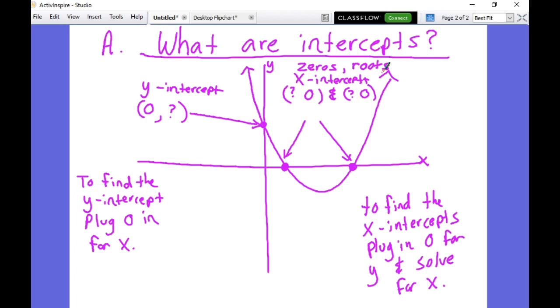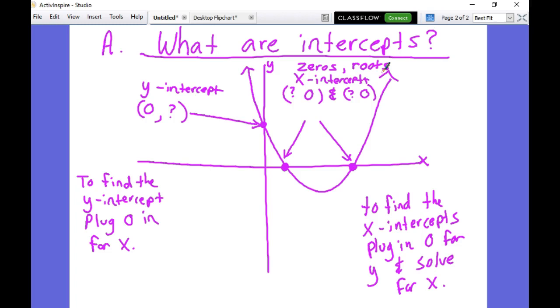I don't like the name zeros very much because, I don't know, why don't they call the Y-intercept a zero, right? Because it has zeros too, right? But roots make sense. I just think of it like a plant, and this is the ground, and that's right where the roots start, right? That makes sense to me. And X-intercepts, that's perfect.